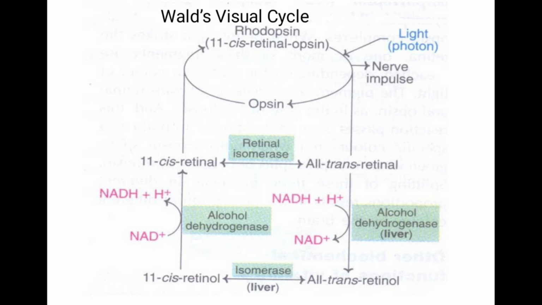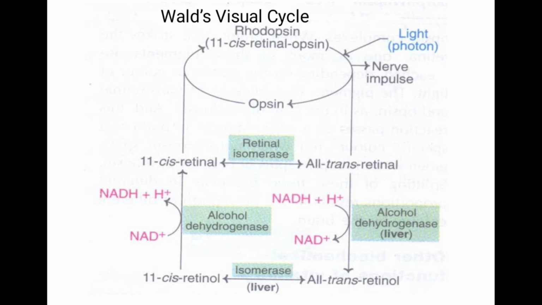All-trans retinol is isomerized to 11-cis retinol, which spontaneously combines with opsin. This 11-cis retinol plus opsin is rhodopsin. So there is regeneration of rhodopsin.